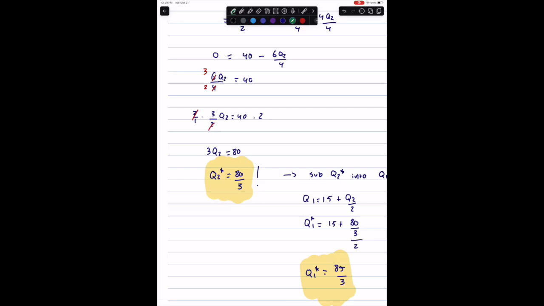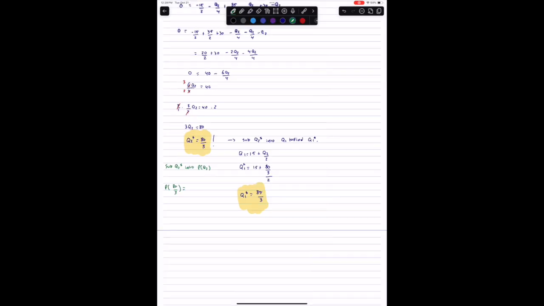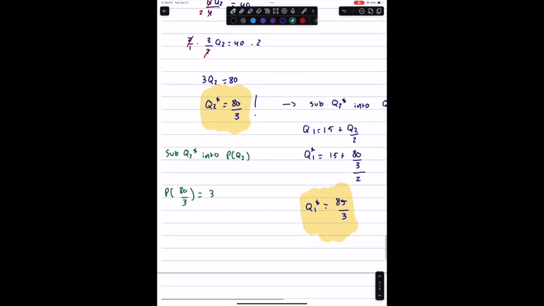Now to find P star, we're going to do what we did earlier. We're going to sub Q2 star into P of Q2. So P of 80 over 3 is equal to 35 minus Q2 over 2.